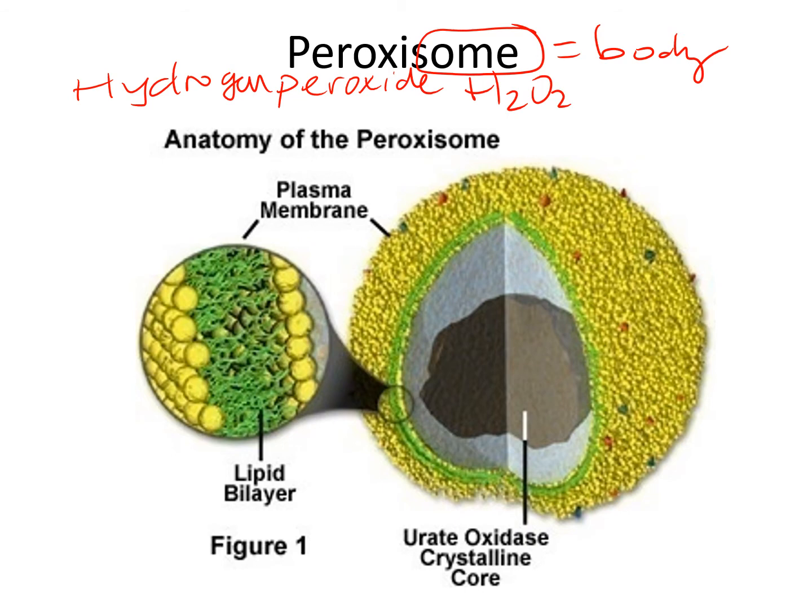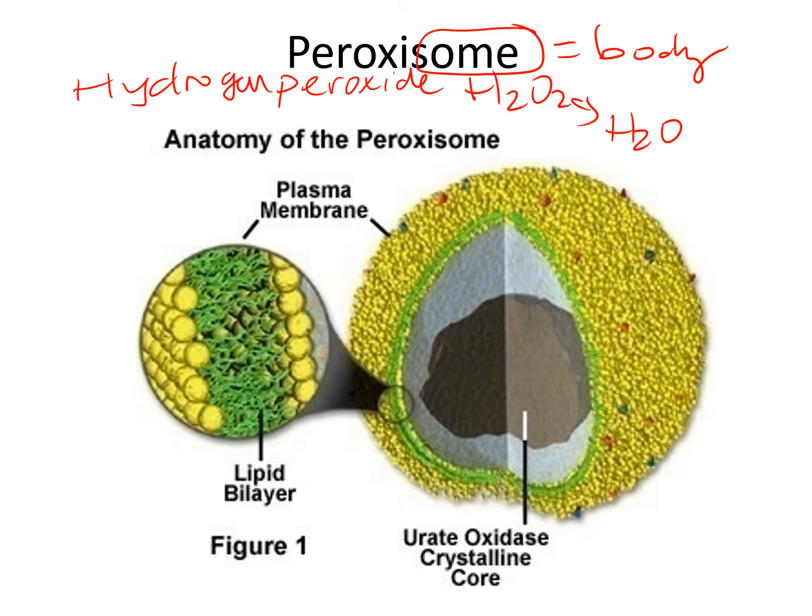Peroxisomes help to break down things like alcohol, formaldehyde, and other toxins into water. You may look at hydrogen peroxide and say, hey, that looks familiar. It's actually very similar in structure to water, which is H2O. So hydrogen peroxide is part of the ingredients inside one of these peroxisomes that we're going to use to help break down these harmful toxins like alcohol into a less harmful thing like water.